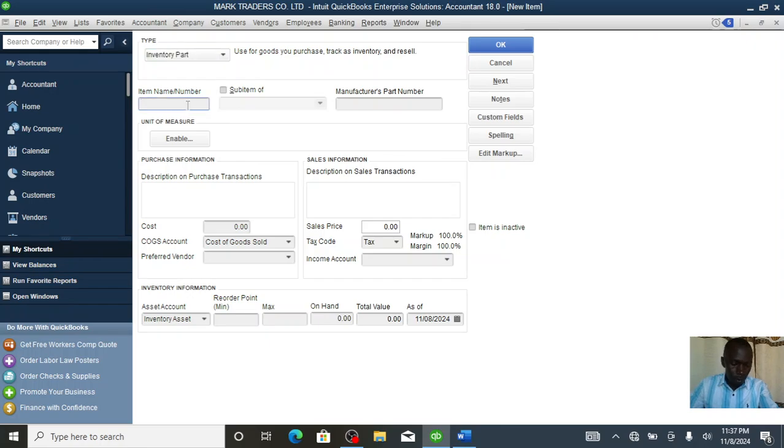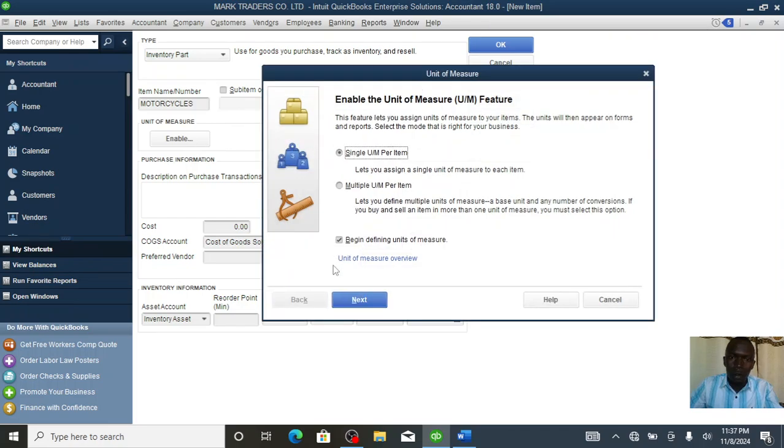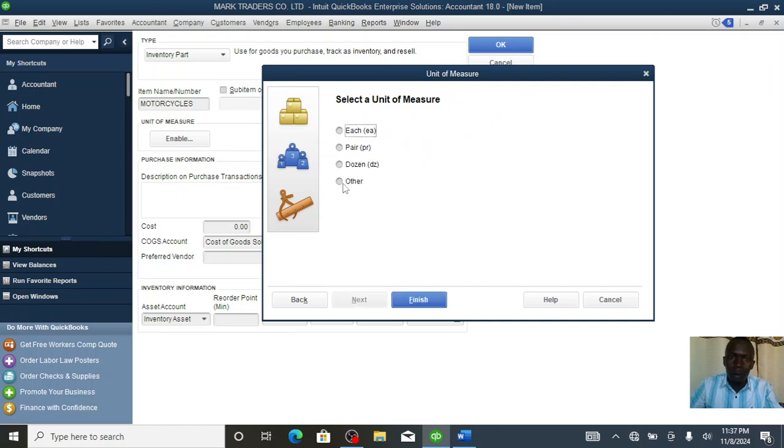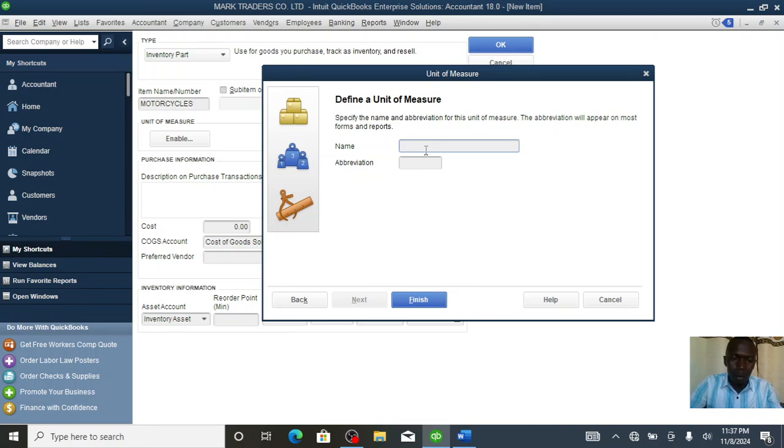The name of the item is motorcycles. The unit of measure, single unit. Next, we count each. Go to other. Then next, we input unit. The abbreviation, we can use U. Then we finish.